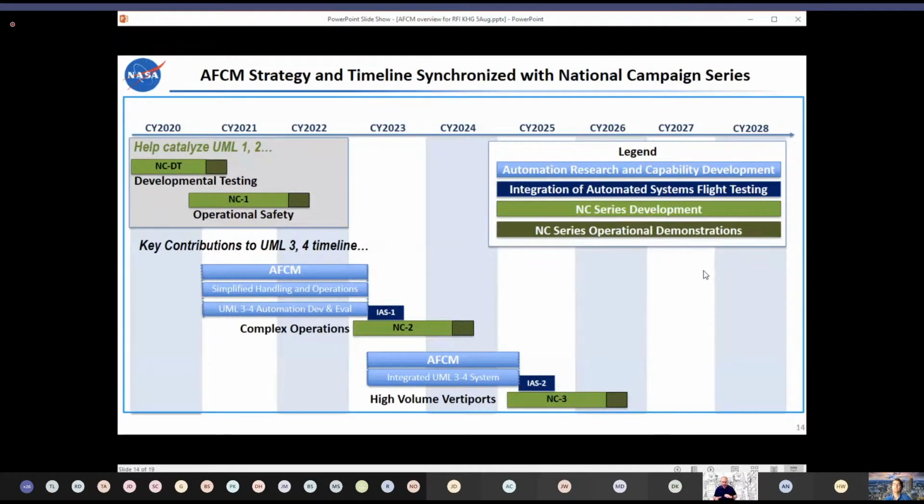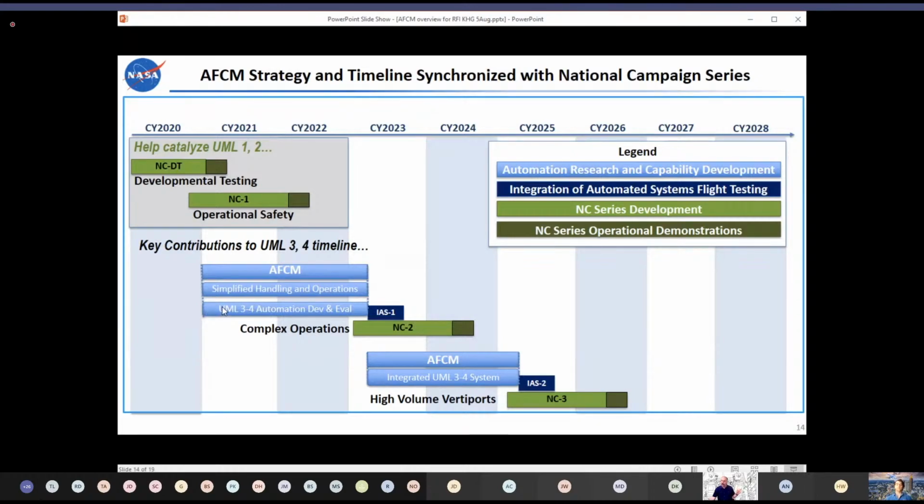So in terms of going back to this timeline chart, we have activities that are already starting, both from the perspective of automation-enabled pilots, as well as that down and in-vehicle automation perspective. Nominally, these two areas are known as simplified handling and operations.